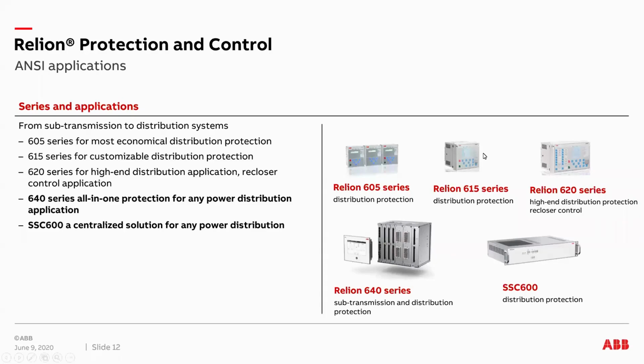So REF 615 belongs to the 615 series. RET 615 is a transformer relay. REM is a motor relay. REG is a generator relay, and so on. That's how the products are categorized. These are application-specific products, which means an REF is dedicated for feeder application, REG is dedicated for generator application, and so on.